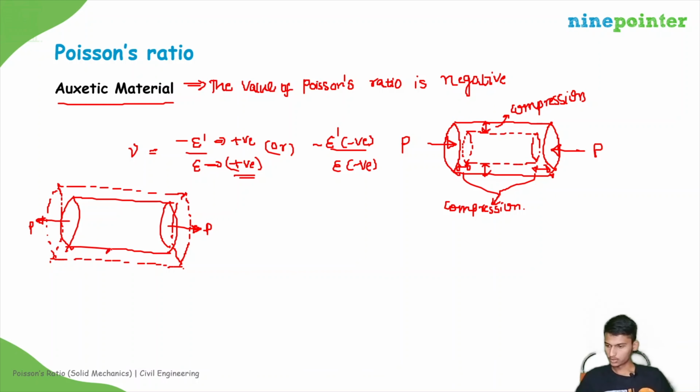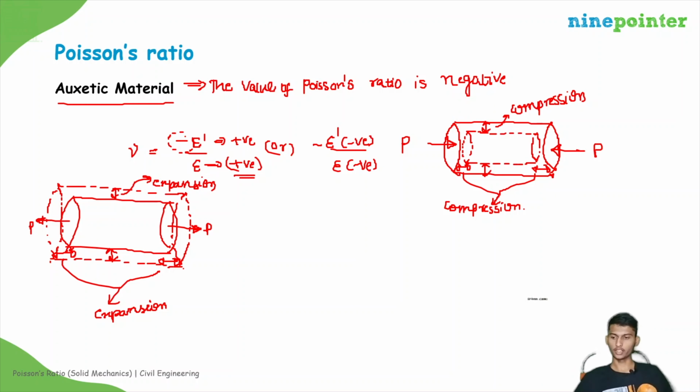This is expansion, this is also expansion. So the value epsilon dash by epsilon will be positive, but there is a negative sign here, so the whole value will be negative. Okay, the value of Poisson's ratio is negative.